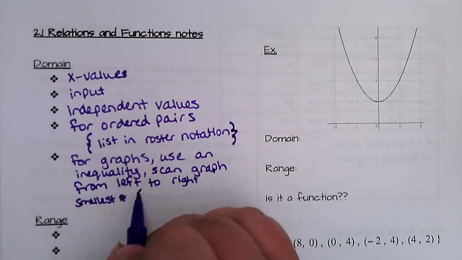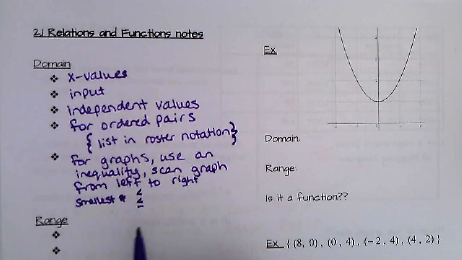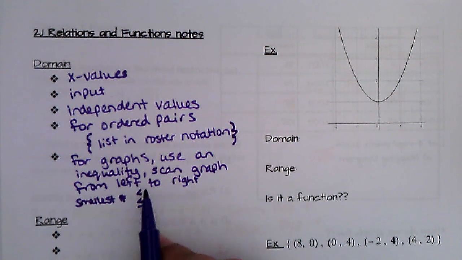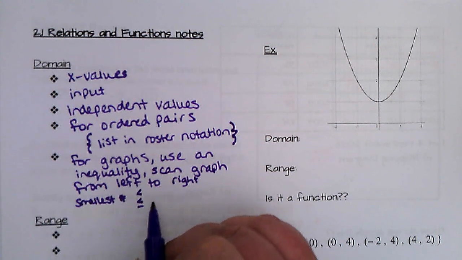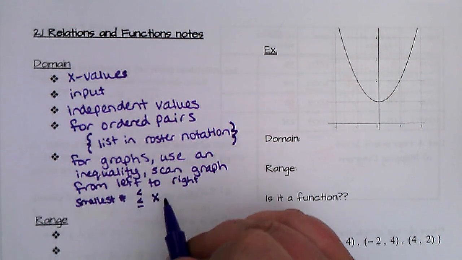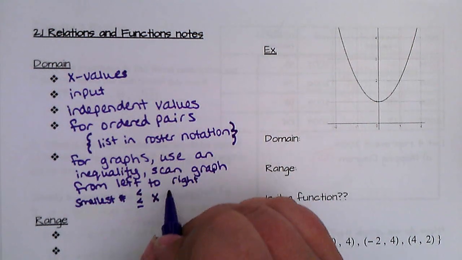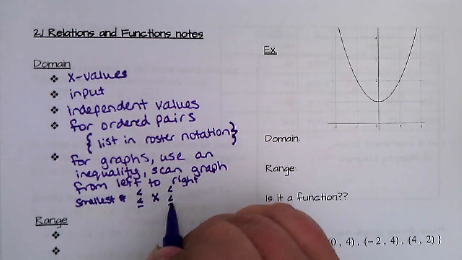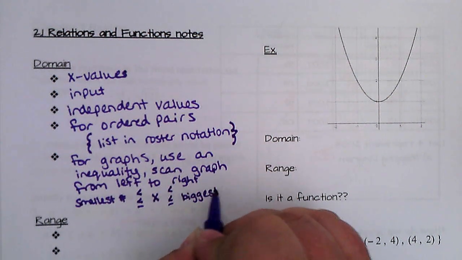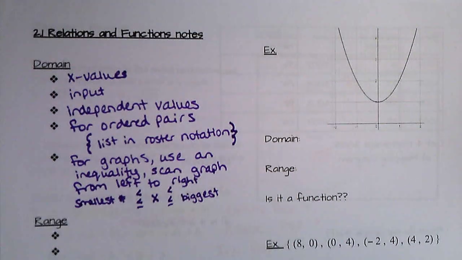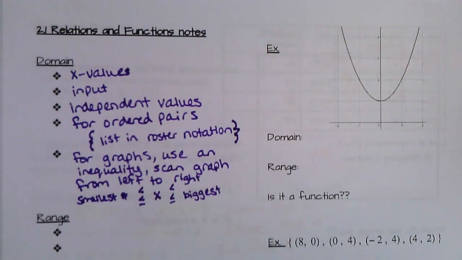And then you will either use less than or less than or equal to, depending on whether the graph touches it. If the graph doesn't touch it, it's less than. If the graph touches it, it's less than or equal to. And we're going to use x because it's x values. And then it will either be less than or equal to our biggest number. And that's kind of confusing probably right now. Just write it down and I'll show you what I mean when we do some examples.